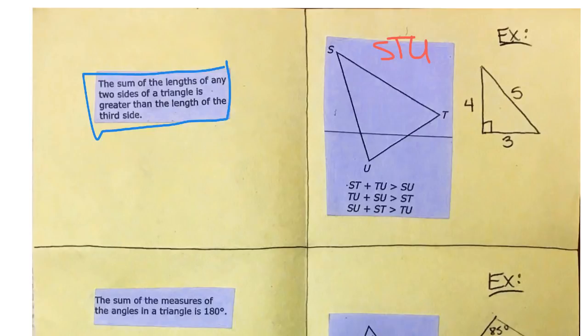So the length of ST, which is right here, plus the length of this side, has to be bigger than this third side over here. And that's what this first one said. So ST plus TU is greater than SU. And each of these, TU plus SU is greater than ST, SU plus ST is greater than TU.